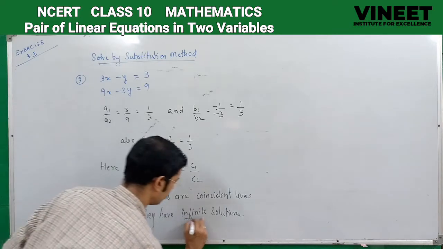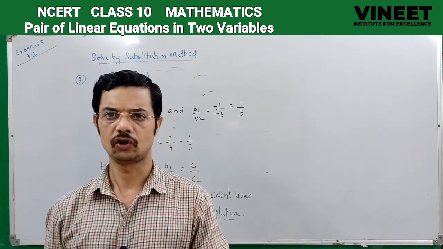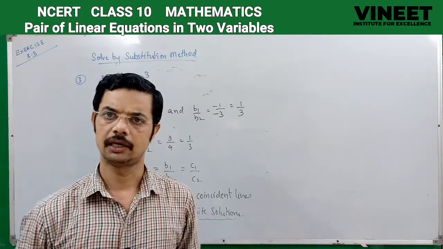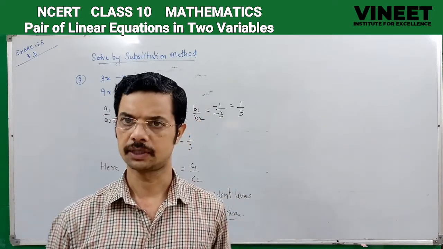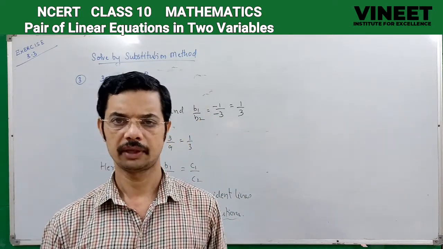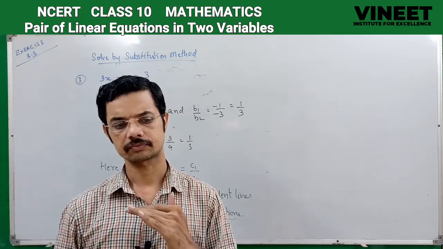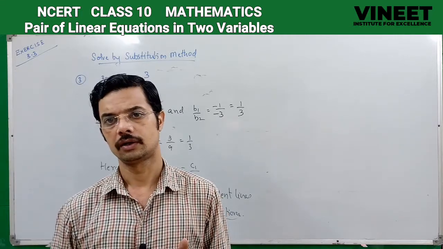Okay, they have infinite solutions. So we will just mention this and keep it there because it is not practically possible to find out all the solutions. We will just mention that there are infinitely many solutions and that is over. So we cannot actually now use substitution in this case. The substitution method will be used only in case of those problems which can be solved for unique solutions.